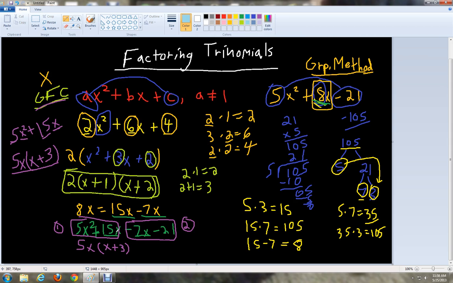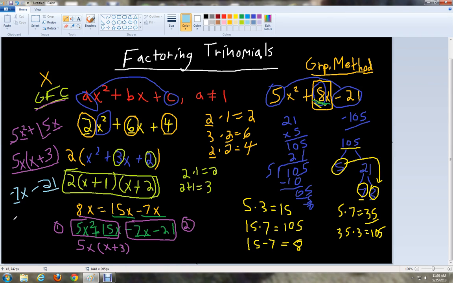Now for the second group, we have negative 7x minus 21. So we look at the coefficients, negative 7 and negative 21. So the greatest common factor out of those, and notice that minus 21 doesn't have an x, so the only greatest common factor we have is just a number. There won't be an x next to it. So the greatest common factor would be what?